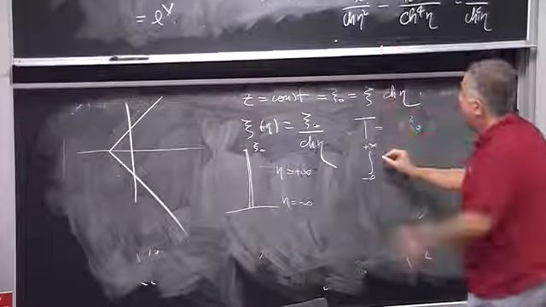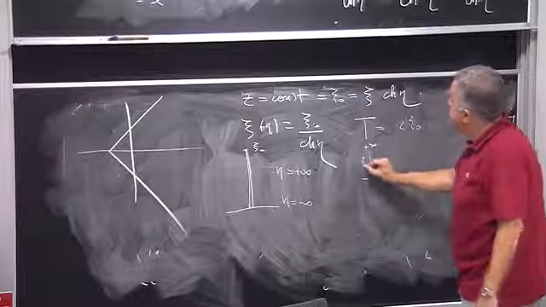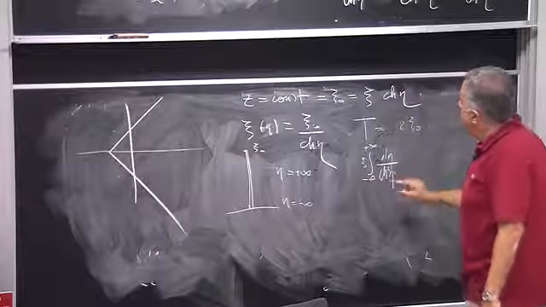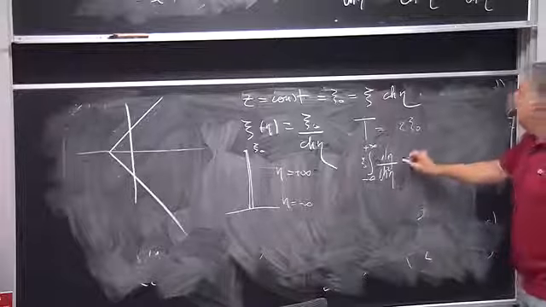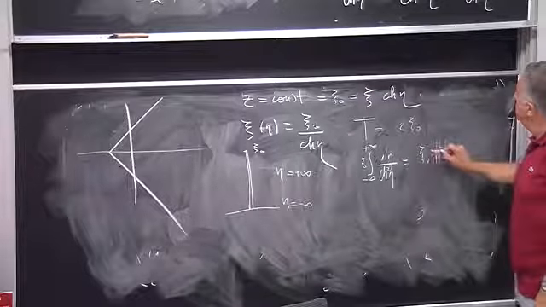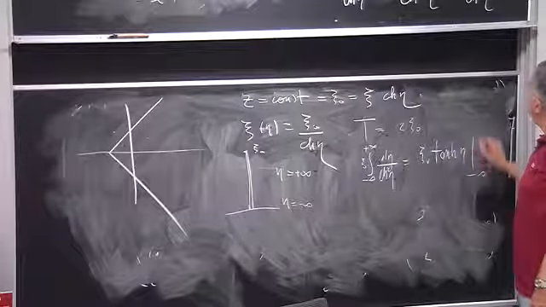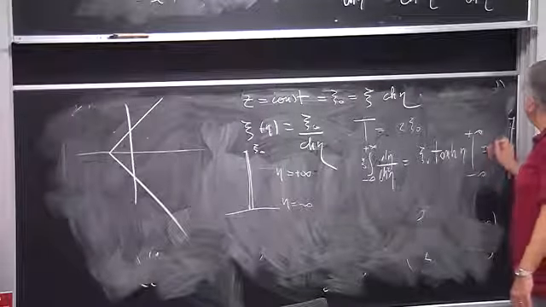So this is the integral of psi 0 d eta over cosh squared eta, which is psi 0 hyperbolic tangent of eta from minus infinity to plus infinity, which is 2 psi 0.